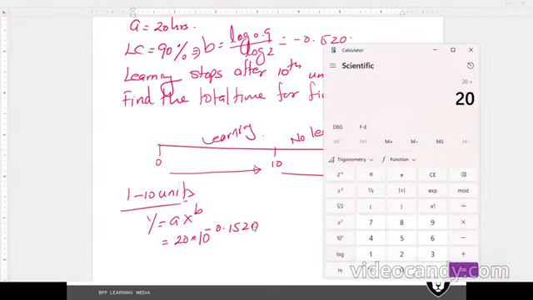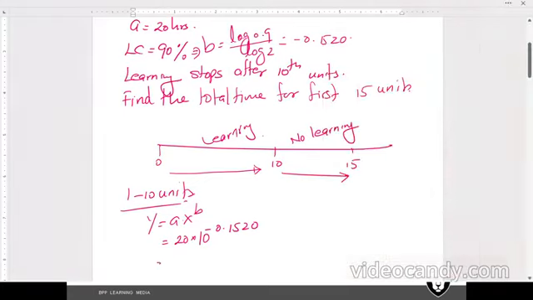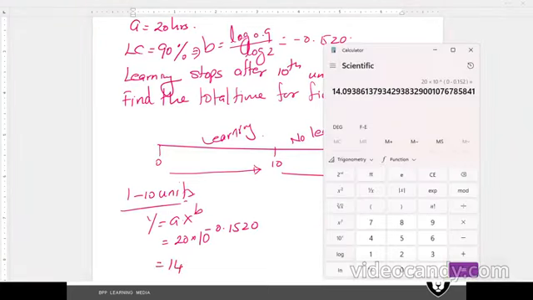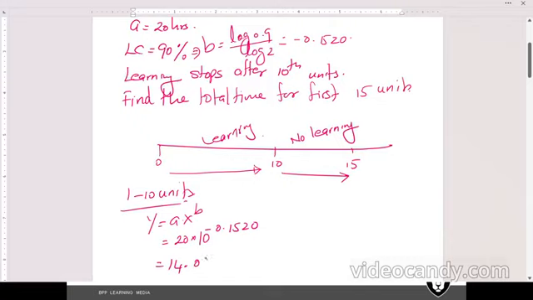So 20 multiplied by 10 to the power of minus 0.152. That gives you the average time, 14.09.